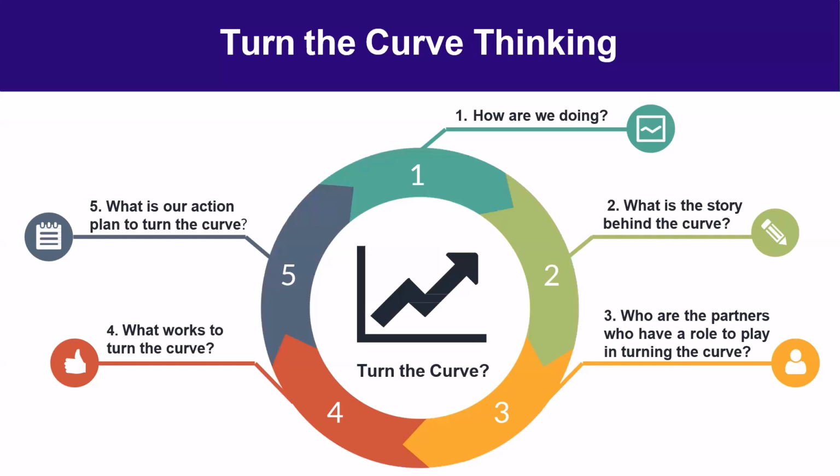And to do that, you still have to look at what's the story behind the curve, what are the factors pushing up and pushing down on that trend, and who are your partners that have a role to play, because we can't do it alone. Remember the exercise we did in the first webinar where we talked about, okay, we want to offer childcare. Who's going to offer the childcare? Our staff isn't going to do it.